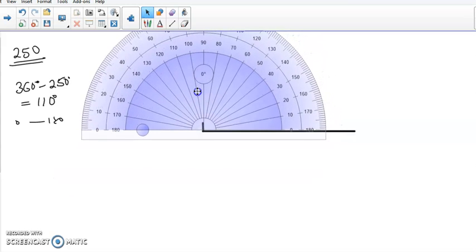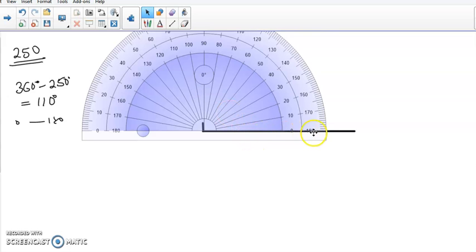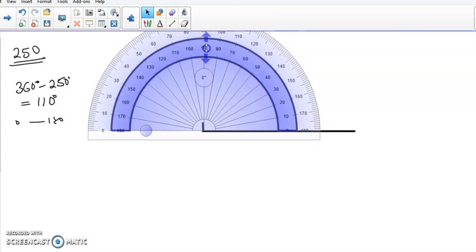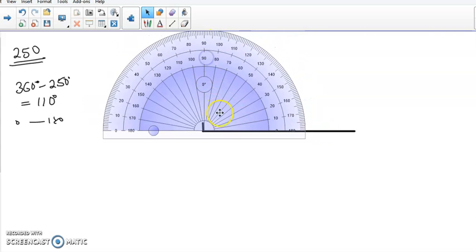See it? Now consider here is 180. So if the line is here, then what I have to do is to measure out 110, and 110 is at this point. So here gives me 110. You see it? From here to here is 110.